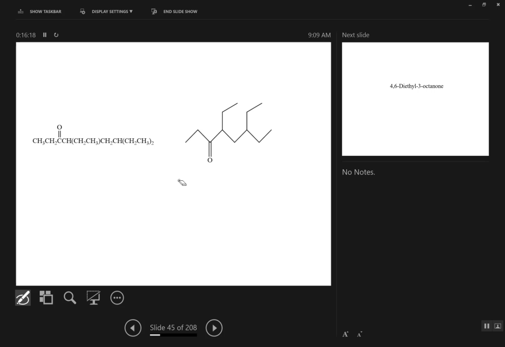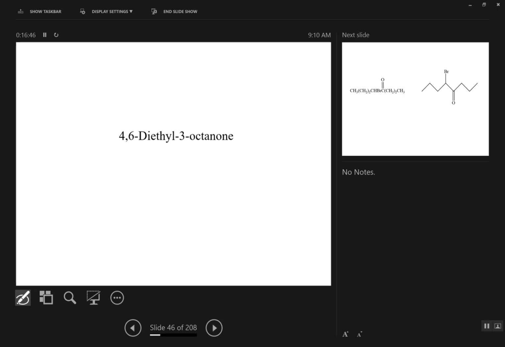So I have 2 ethyl groups, right? 1, 2, 3, 4, 5, 6. 4, 6 diethyl. Okay, 4, 6 diethyl. 1, 2, 3. It's an 8-carbon molecule. Octanone. 4, 6 diethyl, 3 octanone.